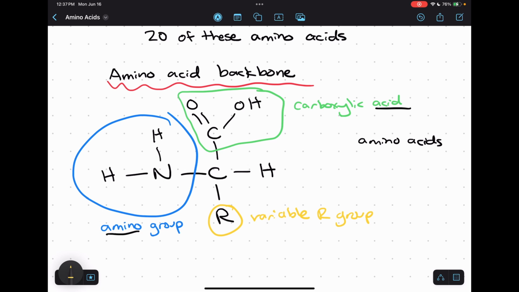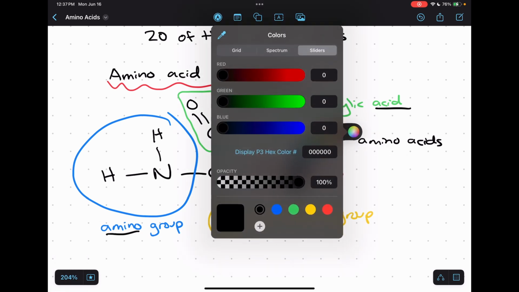R is just to show that this actually is different amongst all the different ones that we have. It's a symbolic representation of some general structure that can vary. We also have a hydrogen over here just hanging out.